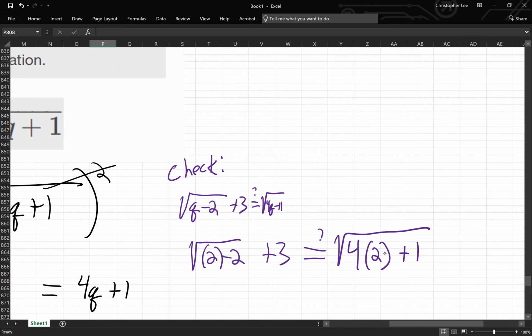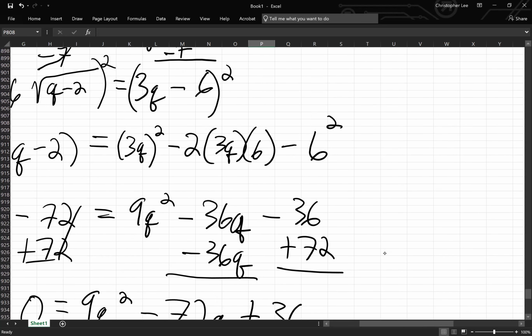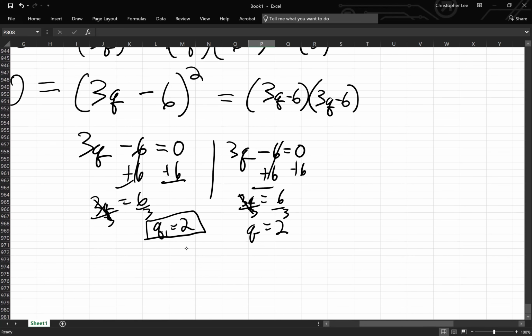Let's do the math on this. 2 minus 2, this is just the square root of 0, plus 3. And allegedly, that's the same thing as the square root of 8 plus 1. So apparently 3 allegedly is equal to the square root of 9. I don't know, but 3 is equal to 3, so we're good to go. So yes, this 2 that we found down here is an answer.